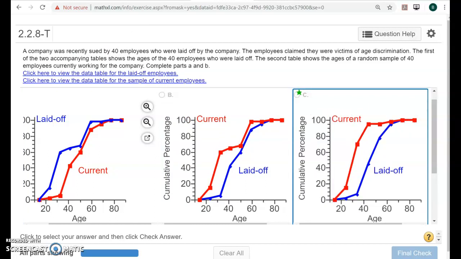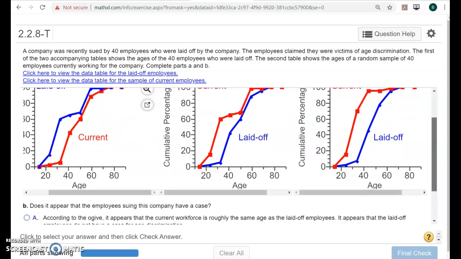First one is about 2.5. Second one is about, it's a little bit above 5, so 7.5. The third one is at 45. The fourth one is almost to 80, so that's about 77.5. And then the next last one is at 95, and then 100.